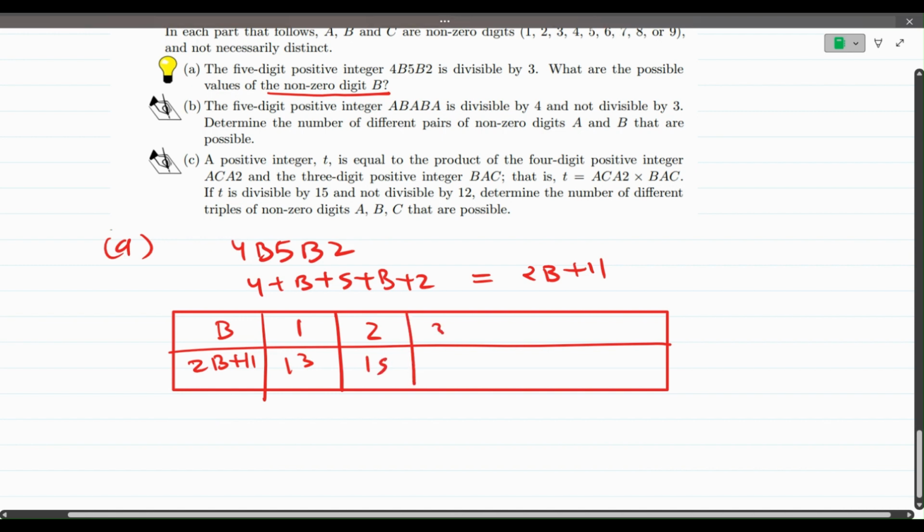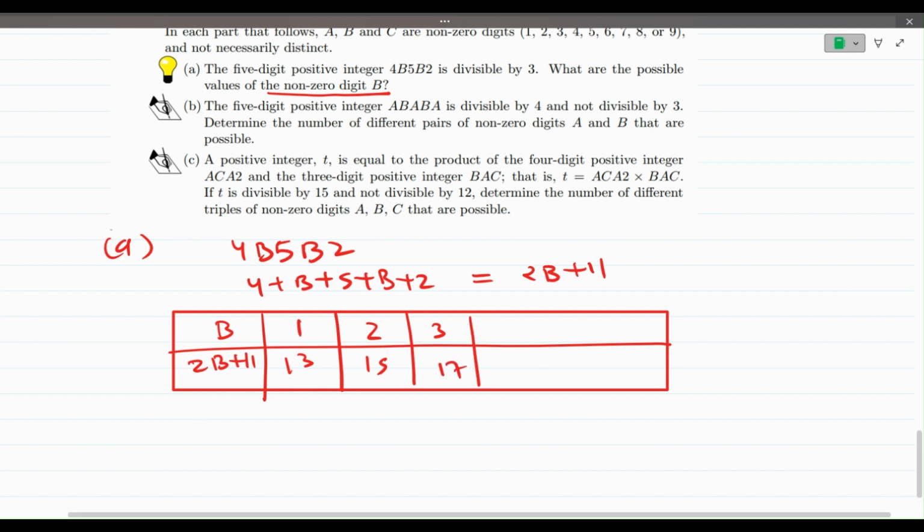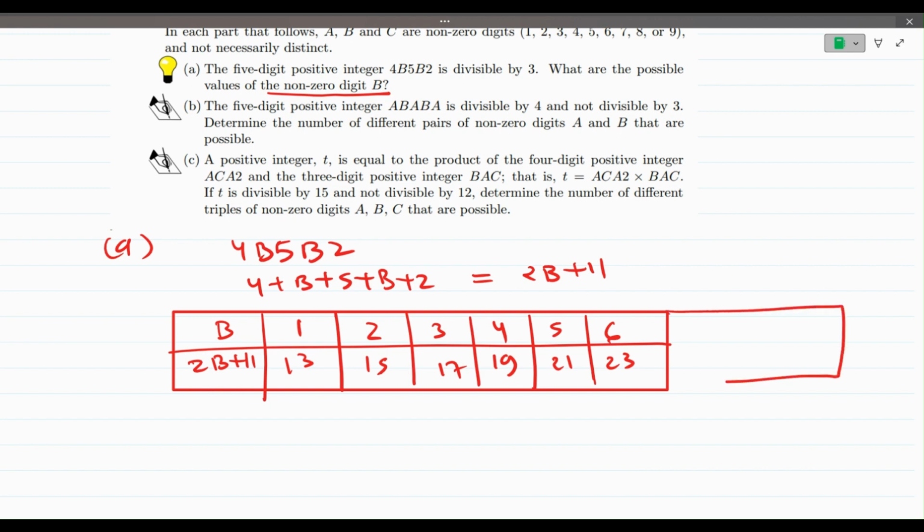If b is 3, it's 17. If b is 4, this is 19. If b is 5, this is 21. If b is 6, this is 23. If b is 7, this is 25. If b is 8, this is 27. And if b is 9, this is 29, right?